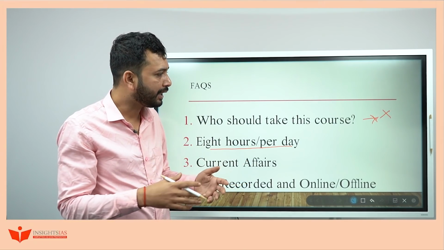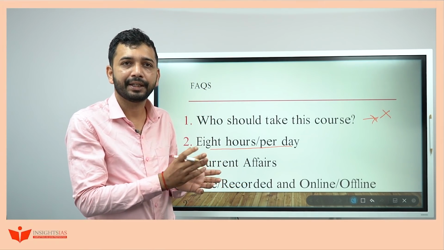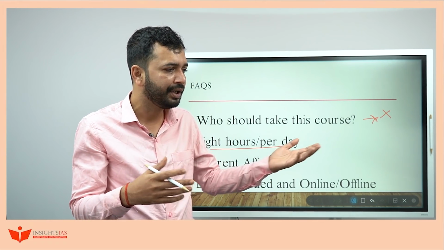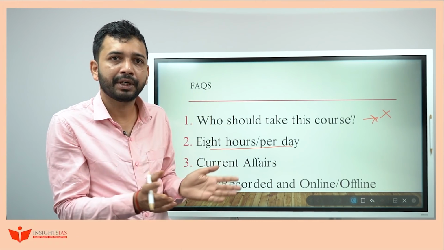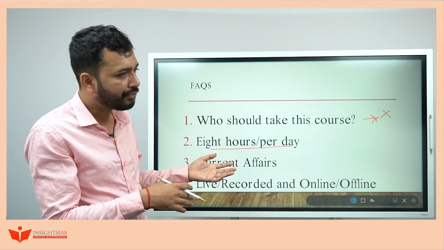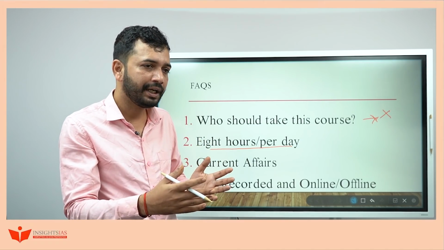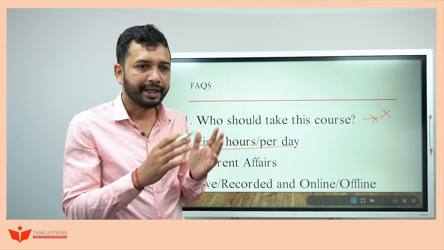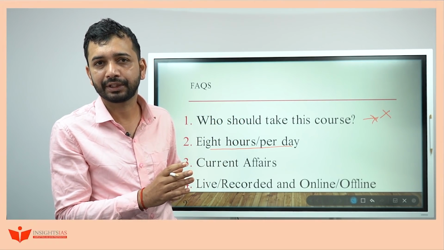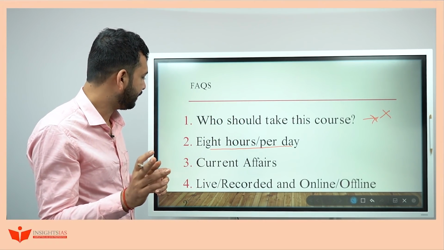So in 12 days you would have covered the whole syllabus, rather than, if you read on your own, covering only 2 subjects. Here every subject will be covered, along with the current affairs as well as the previous year analysis. After these 12 days, you will have a clear idea and clear direction on how you are supposed to use the next 45 days. So that is one thing.